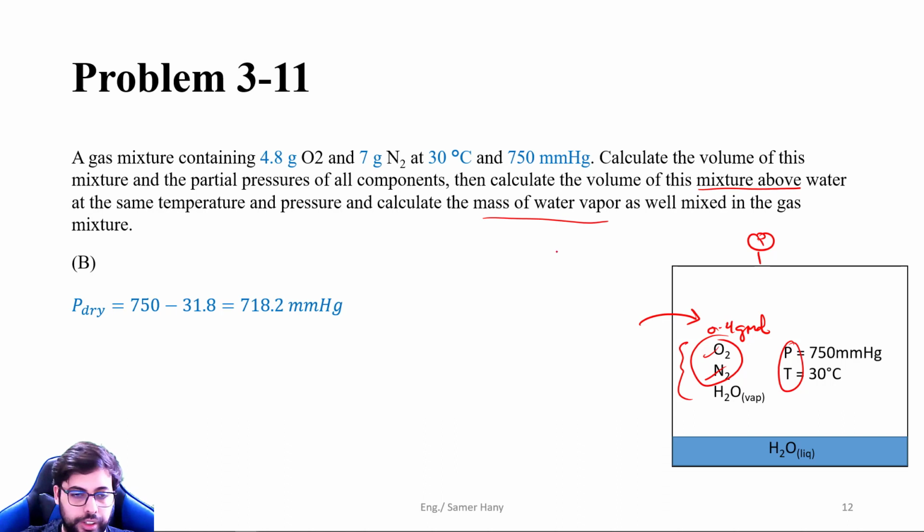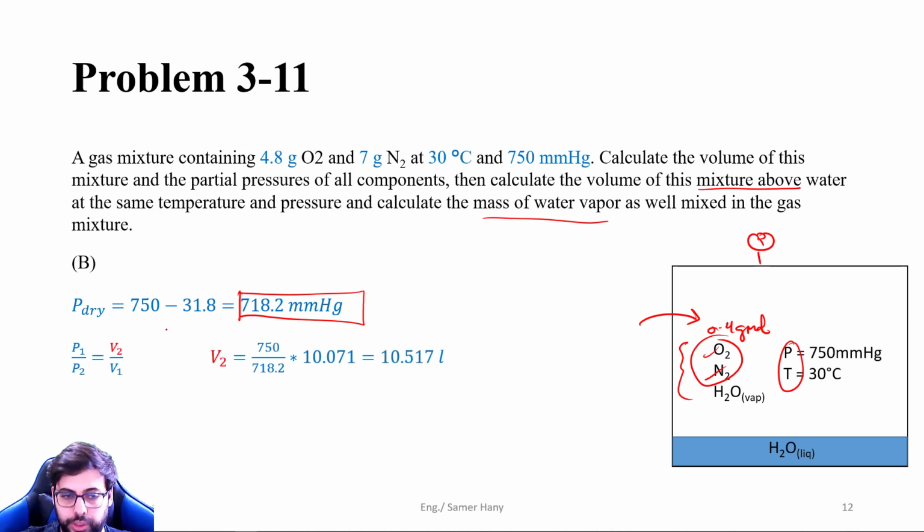So all we need to do is calculate the dry gas pressure, which is the total pressure minus the saturation pressure for water vapor in here, and we get the dry gas pressure. Then we can just use P1 V1 equals P2 V2 to get the total volume for the second container.